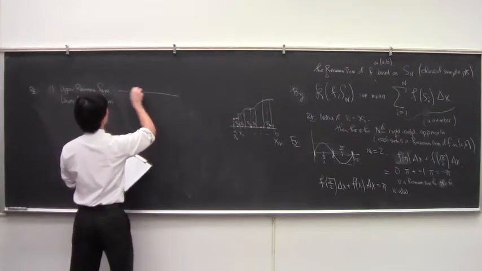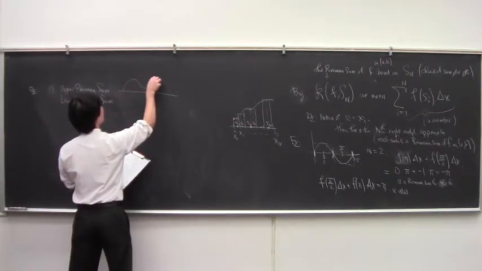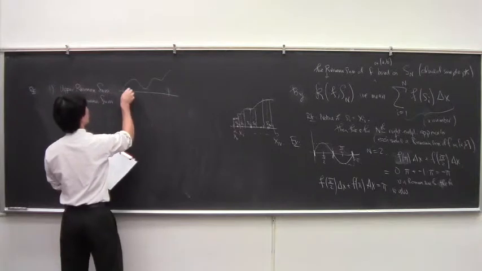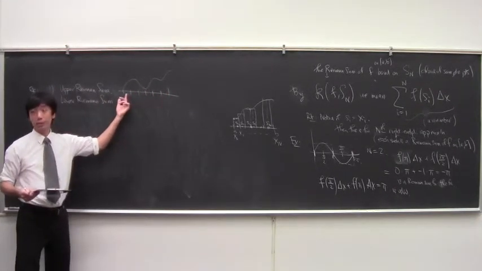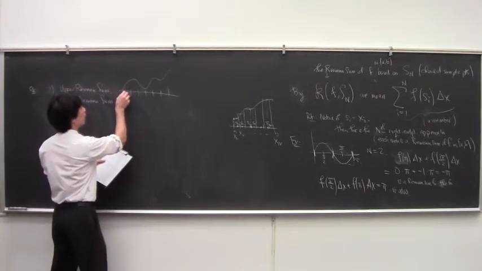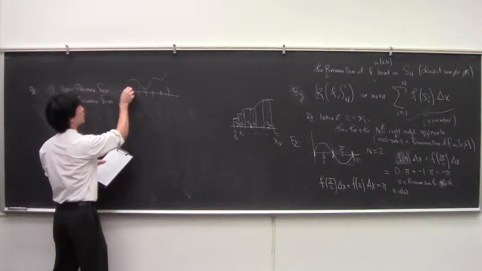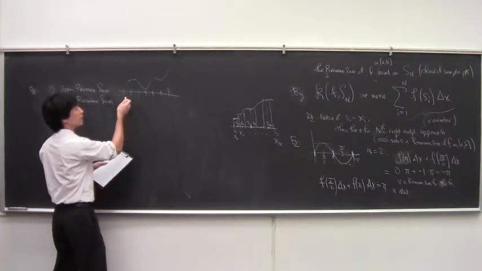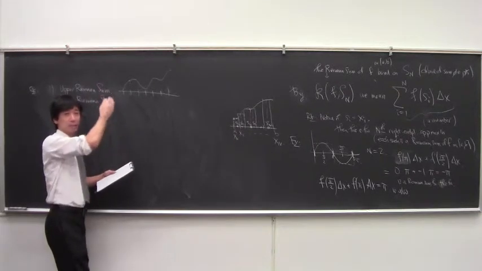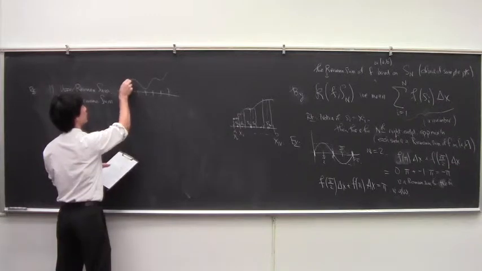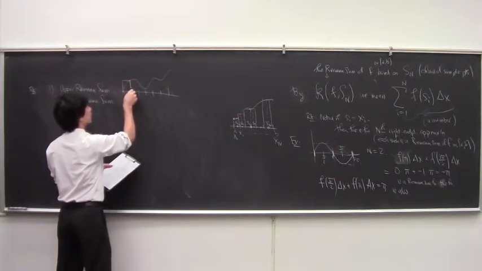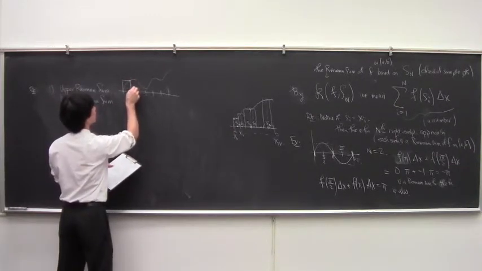If you have your function and you take your partition, for the upper Riemann sum, you say, I'm going to take the maximum height in each. My sample point will be chosen to maximize the height. In this one, it looks like I'll take one somewhere in the middle.